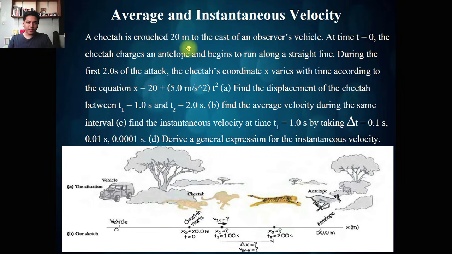So letter C, find the instantaneous velocity at time equal to 1 second by taking delta t of 0.1 second, 0.01 second, and 0.001 second.